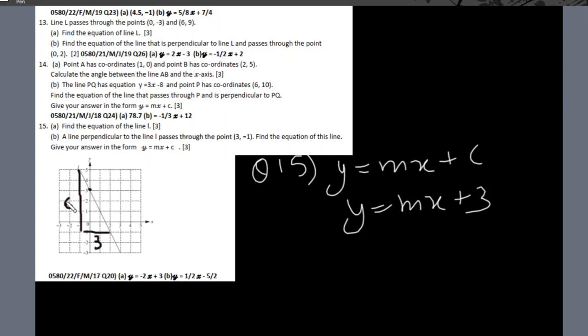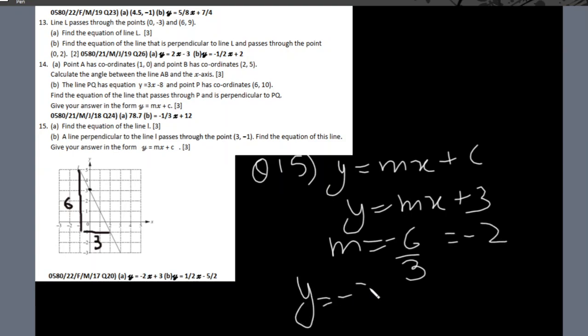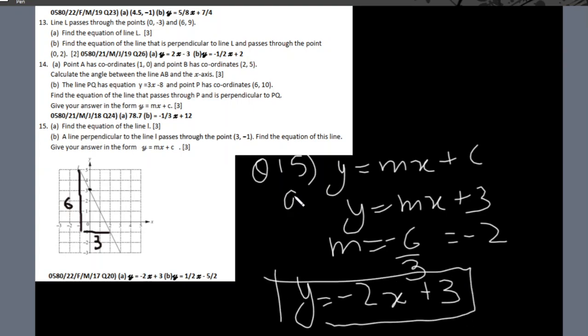So m will be 6 over 3, but with a negative sign, because remember, when it's a falling line the slope is negative, when it's a rising line the slope is positive. Alright, so the slope is minus 2, and the equation becomes y equals minus 2x, and c was plus 3. So y equals minus 2x plus 3 for part A.